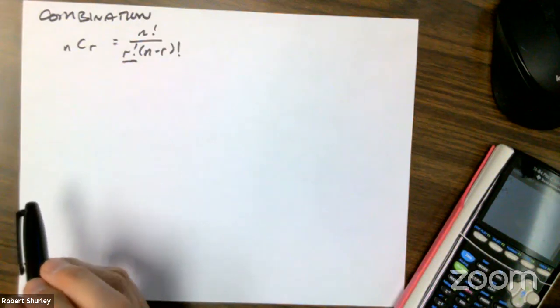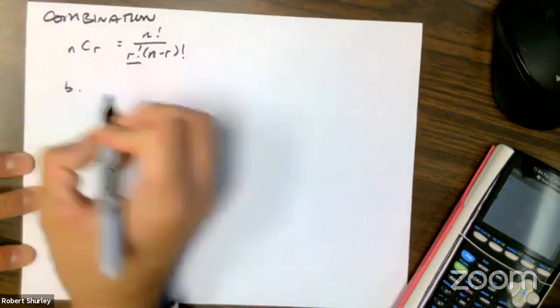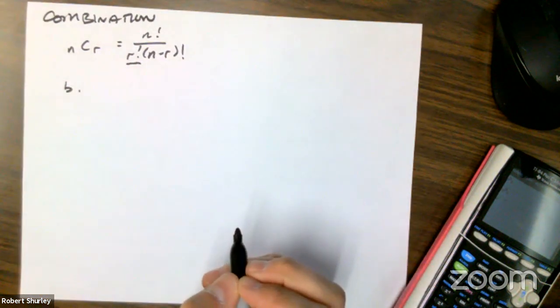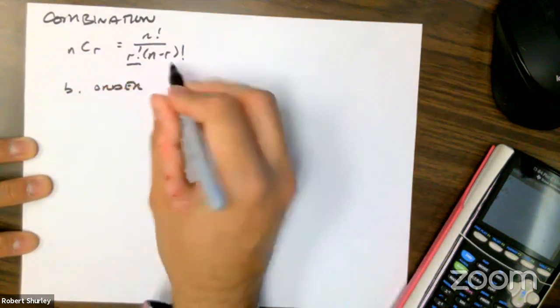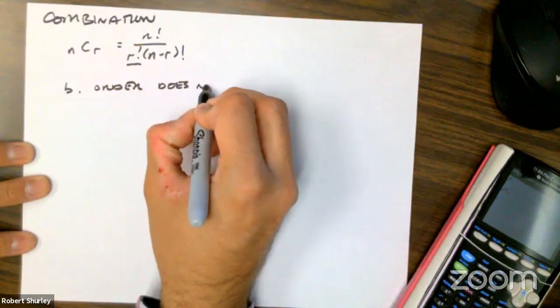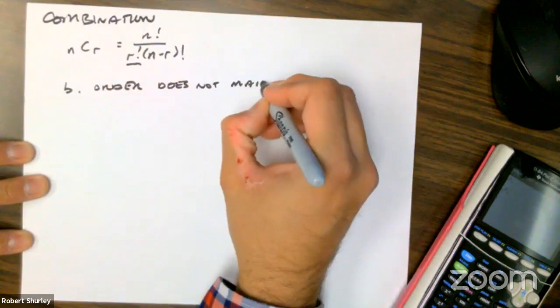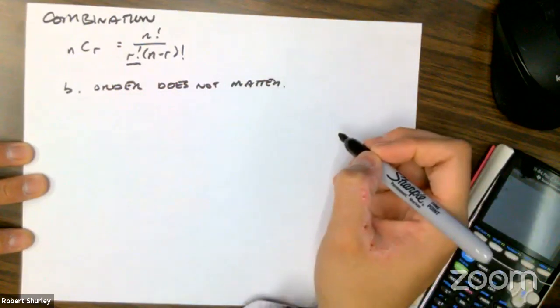So for the same example with ice cream, if we go back to that question in the book, part B says, in how many ways can you choose a cone if the order of the flavors doesn't matter? So order does not matter.